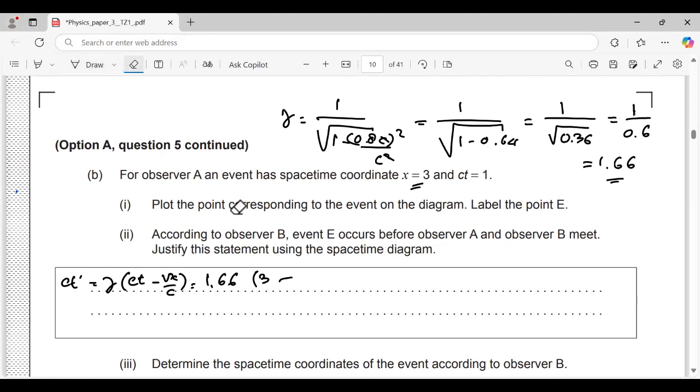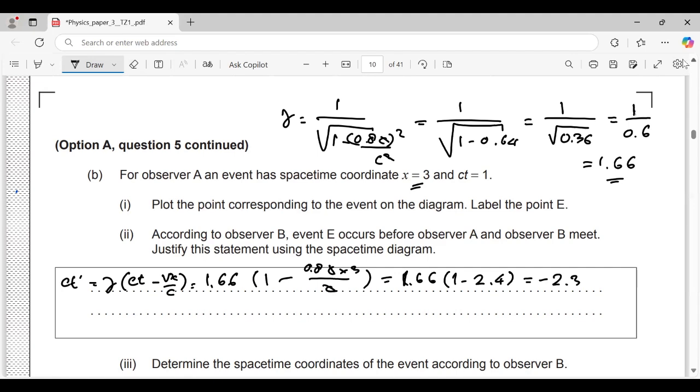Sorry, it's supposed to be ct, and ct equals 1, so 1 minus phi x, where phi x is 0.8c times 3 over c. This is 1.66 times (1 minus 2.4), and the result is minus 2.3. This formula is according to the Lorentz transformation.